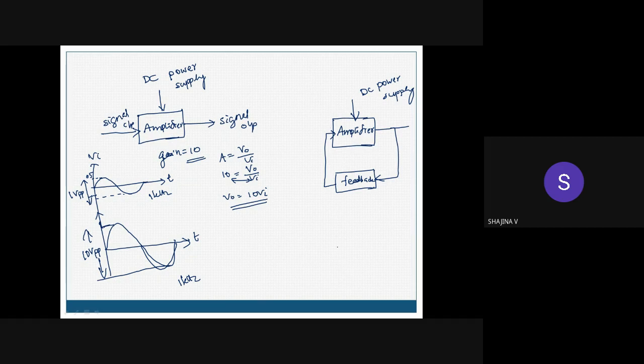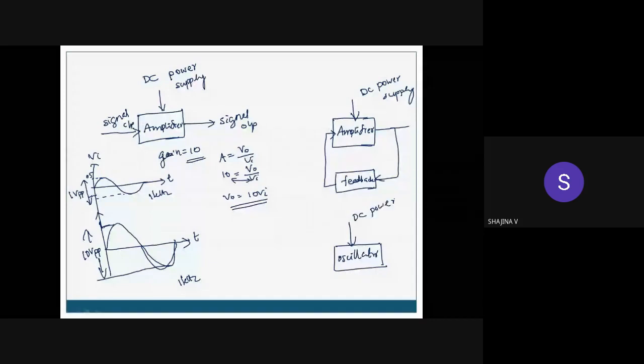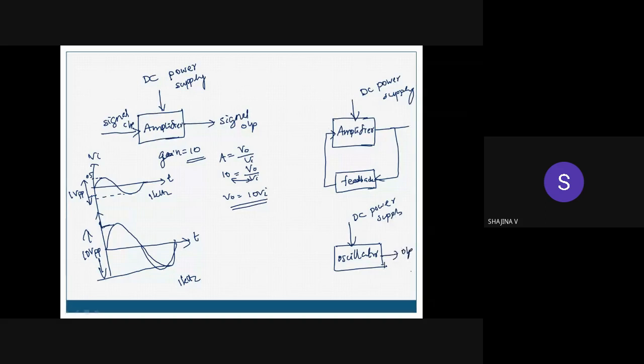Or simply we can say, if it is an oscillator, there will be a DC power supply, and here you will get the output. Compared to the amplifier, we are not applying any input signal here.